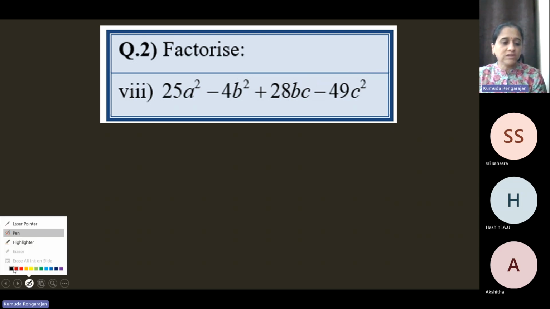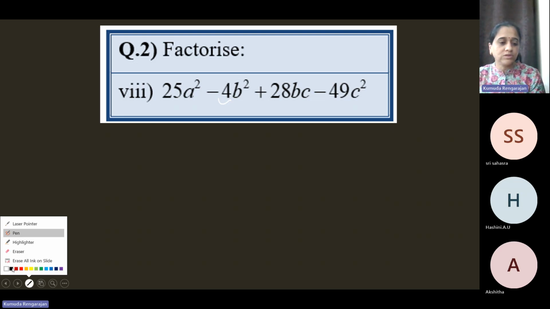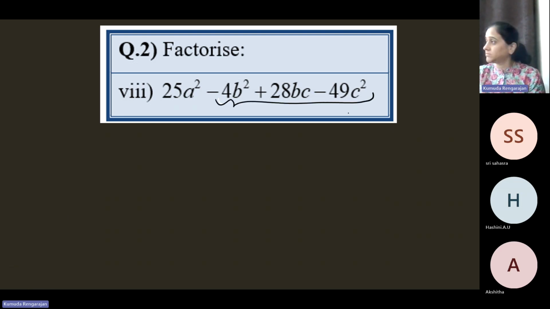These three form a group. Because of 28bc, the b squared and c squared make a group with 28bc. So now the last three terms make a group: bc, b squared term, c squared term.